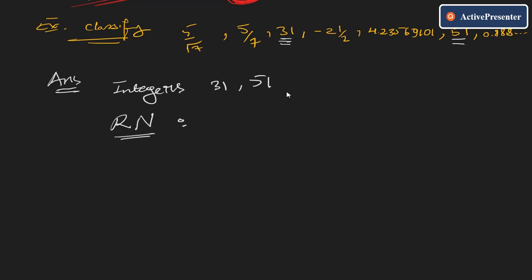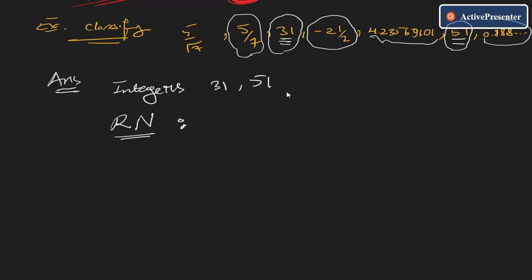What about the rational numbers? This is a rational number, and of course the integers are also rational numbers. This is also a rational number because it is terminating, the integer, and the repeating also.